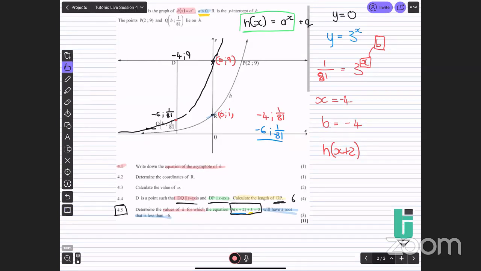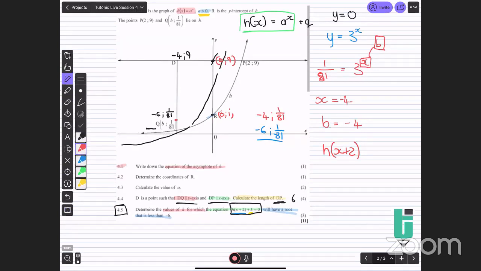So what I want you to notice, and they're asking where is the x-intercept less than -6 when I shift this graph up and down. Look what happens when I move this graph down. Because now you've got -6, 1/81. If I move the graph down like here, there will be a point on the graph which is -6, naught, if I shifted the graph down by 1/81.